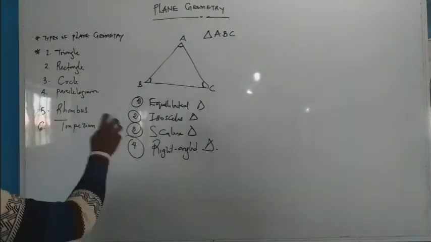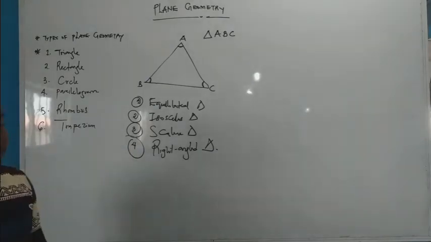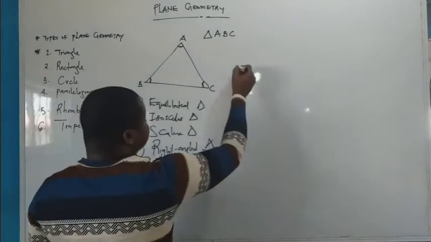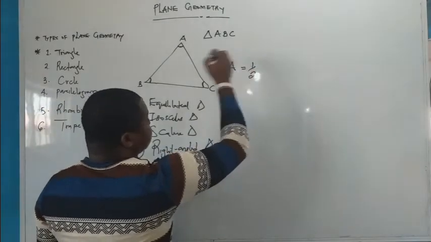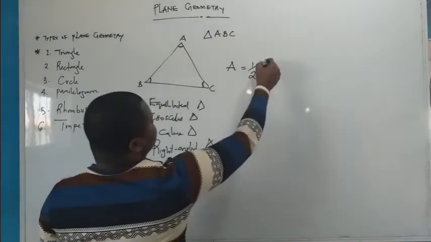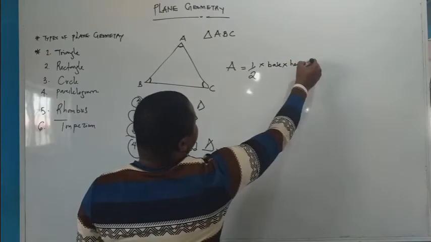So what is the formula to calculate the area of a triangle? Basically, the area of the triangle is written as half times the base times the height.